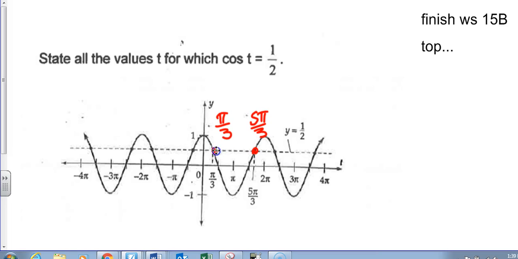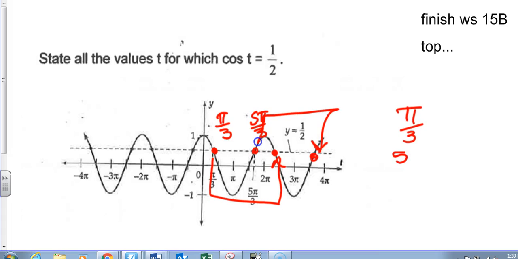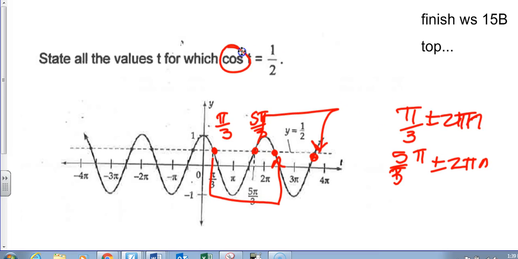The next time it would cross would be 2 pi after that, and then 2 pi after this. So you could write this. Does everybody agree that the period is 2 pi? So it's going to repeat every 2 pi. Because it is a cosine graph, it's actually doing it evenly on either side, so a shorter way to write this.